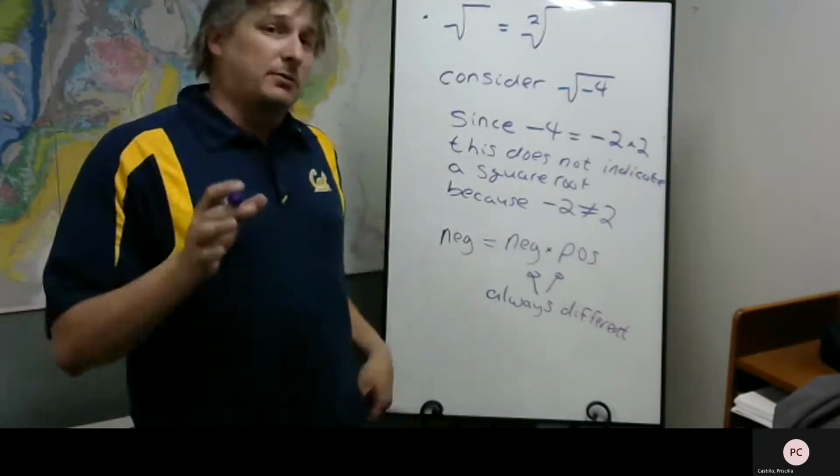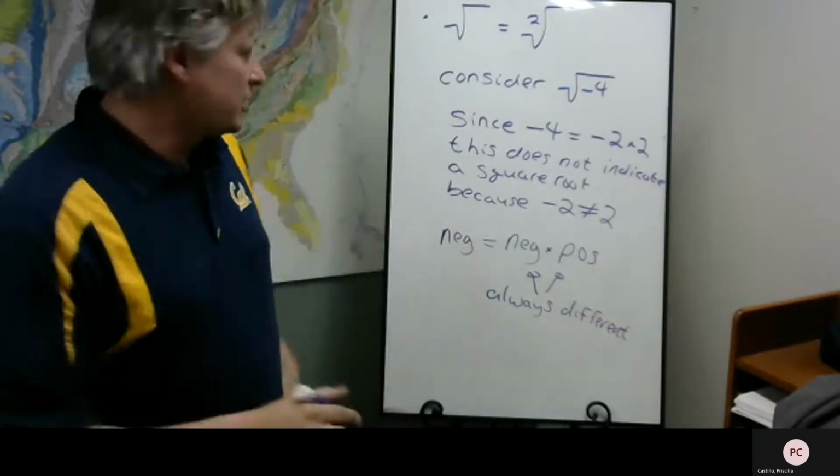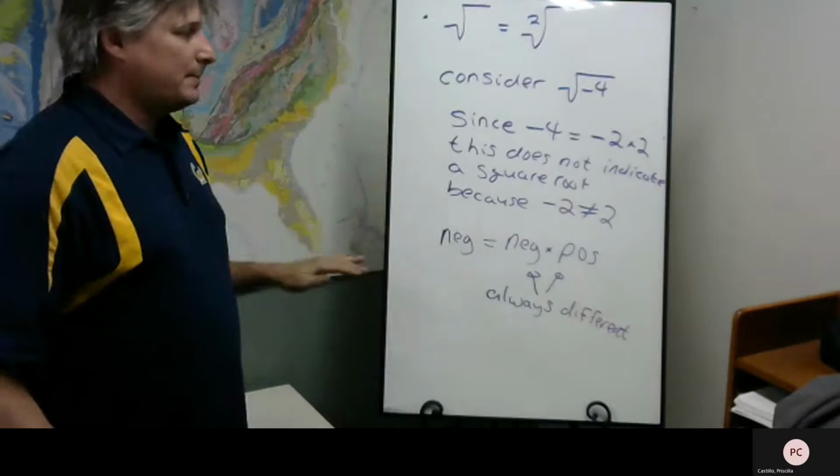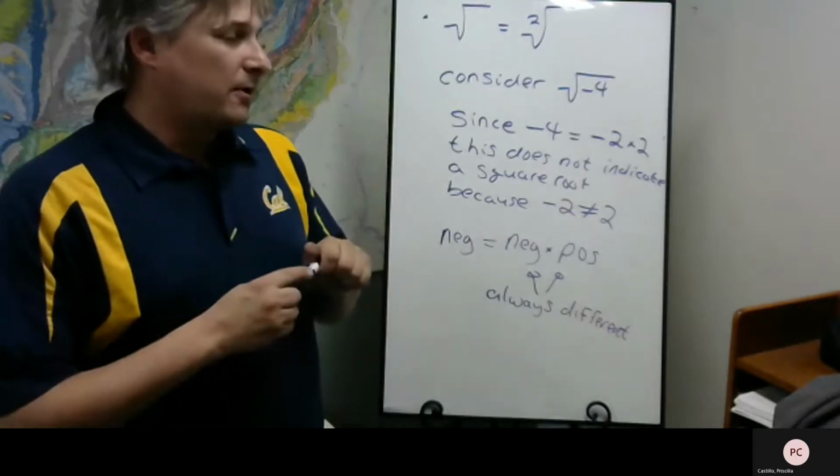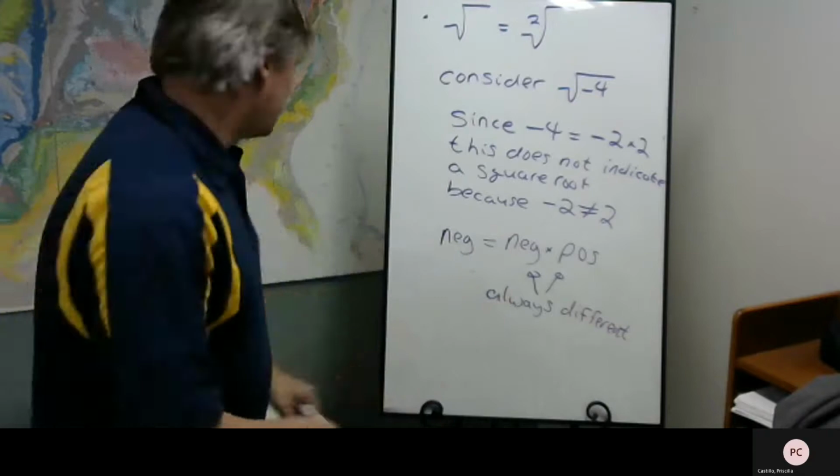Now in section 7.7, this is going to change. We will be able to take square roots of negative numbers, when we allow for what are called complex numbers.